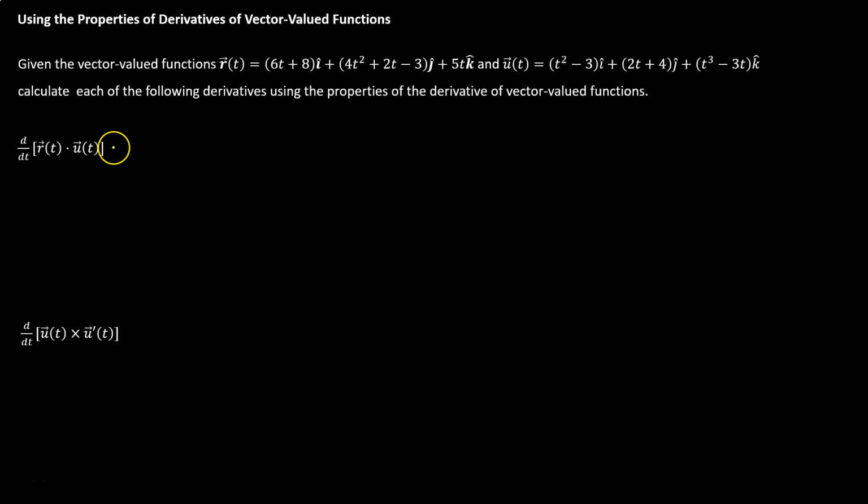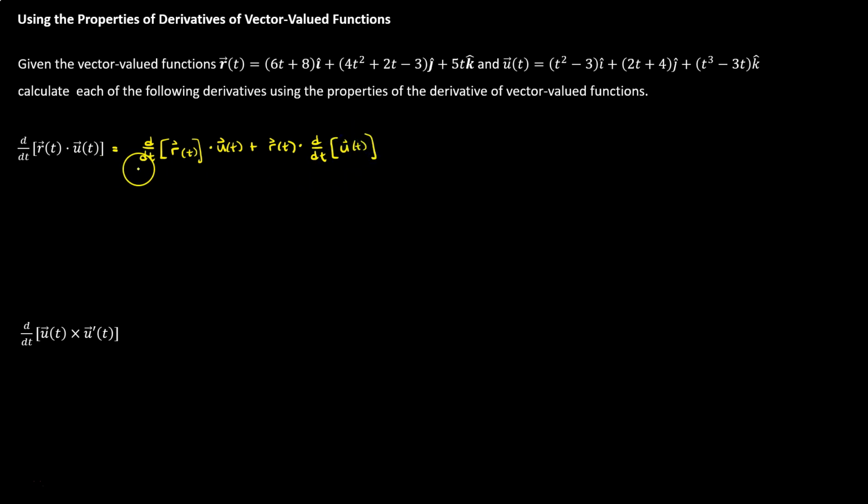So we're going to do it that way. That rule tells us that we need to take the derivative of r, and then we're going to dot that result with u. And then we need to take the vector function r and dot that with the derivative of the vector function u.